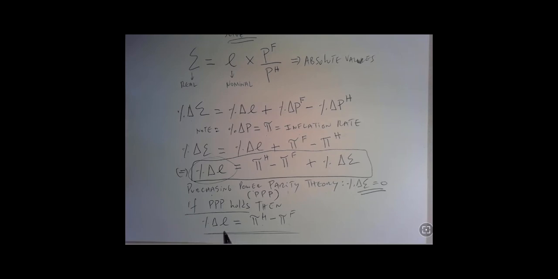The opposite is also true. If our home country inflation is lower than the foreign inflation, then the change in the nominal exchange rate will be a negative percentage change, meaning that we would give up fewer units of our domestic currency per unit of foreign currency. So if the change goes negative, then our currency would appreciate.